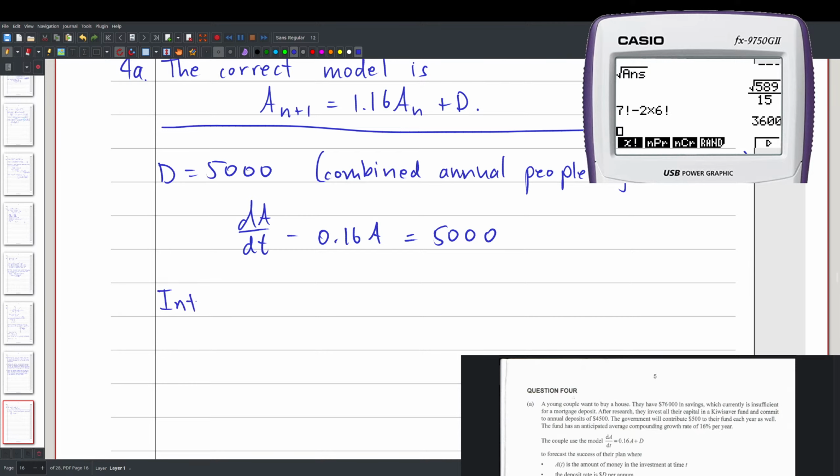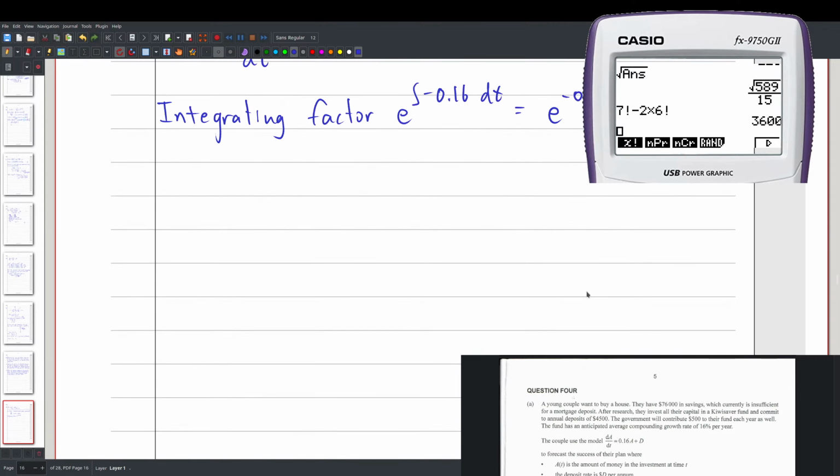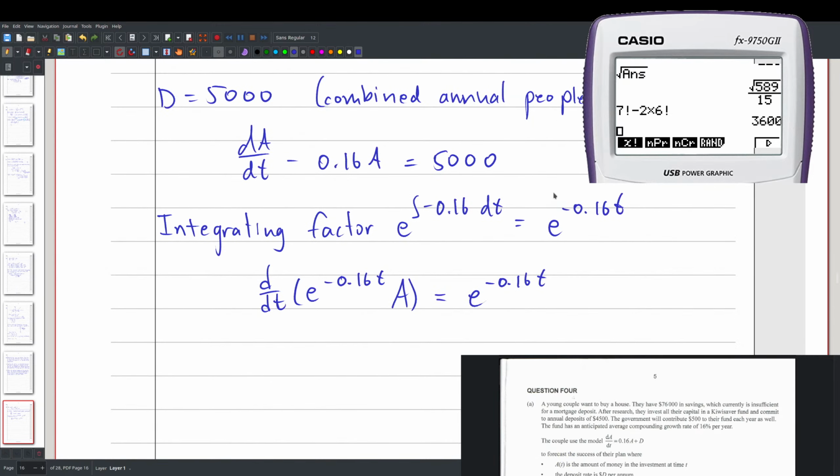Integrating factor: e to the integral of negative 0.16 dt is e to the negative 0.16t. So d/dt of e^(-0.16t) times A is equal to e^(-0.16t) times 5,000.